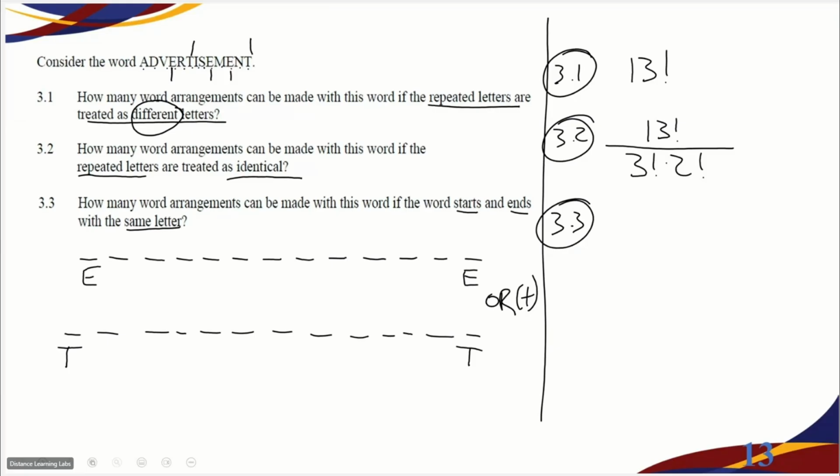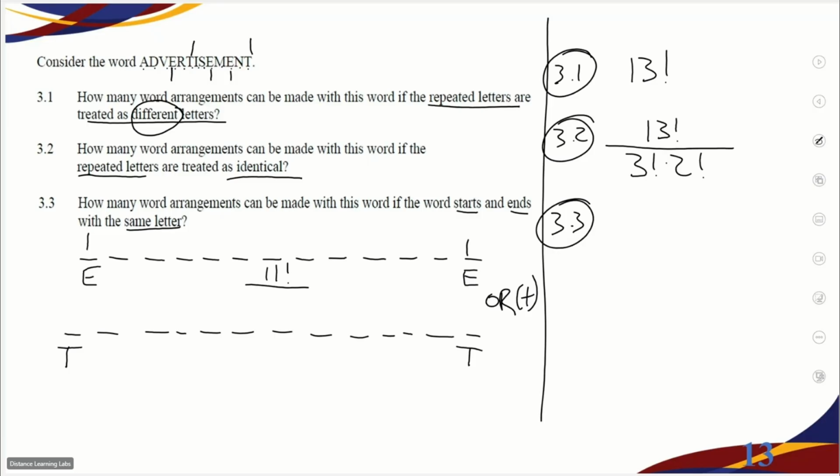For the repeated letters, for the E's, it would be 1 here, 1 there. Meaning on the word advertisement, we no longer have 13 letters. We are left with 11 letters for possibility number 1, where it starts and ends with letter E. It would be 11 because we have removed 2 E's. 11 factorial divided by, after removing the 2 E's, is there a letter that appears more than once?